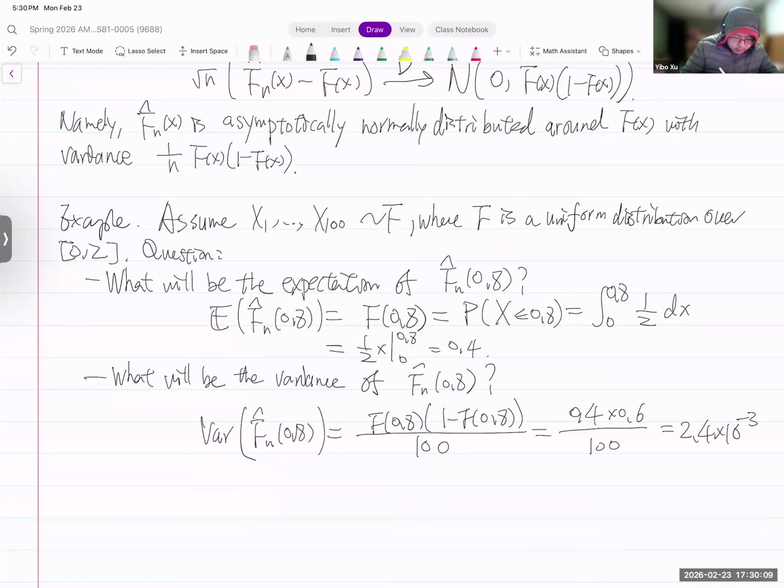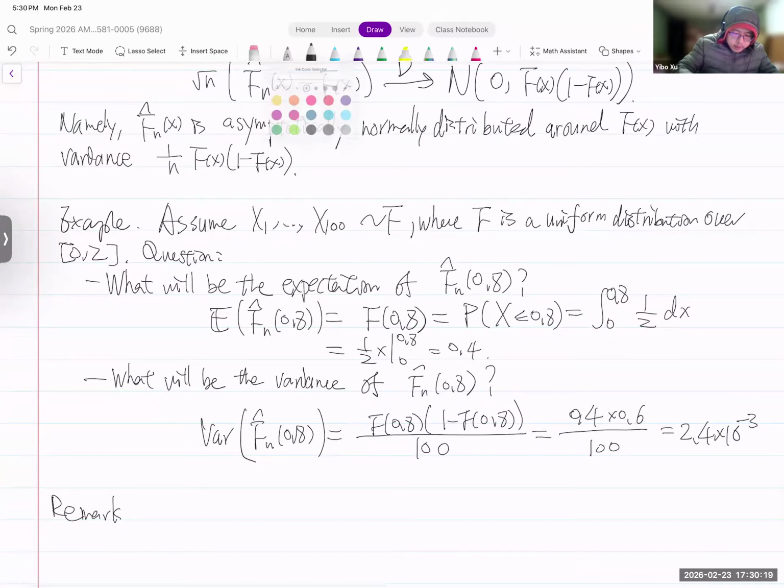Remark. A quick conclusion that we can observe from before. We know the EDF converges to the CDF in probability.